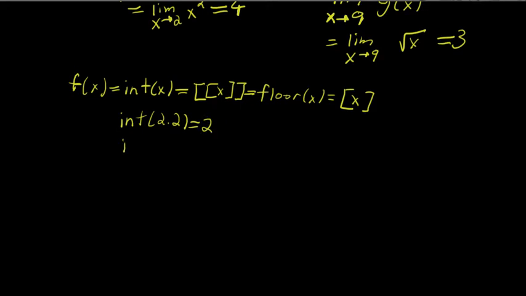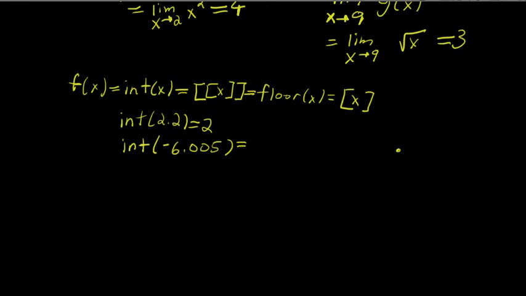Say you wanted to find the greatest int of negative 6.005. You're looking for the biggest integer that's still smaller than negative 6. And here, when I say smaller, I mean to the left of it on the number line.